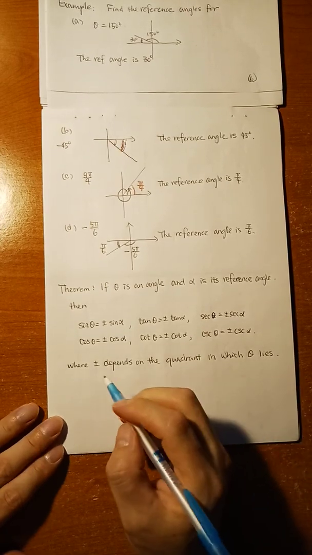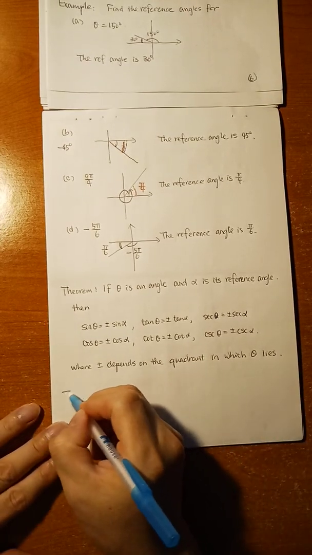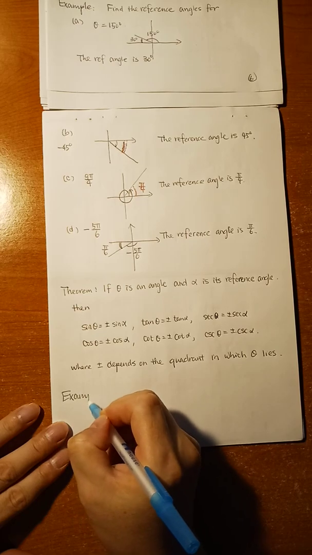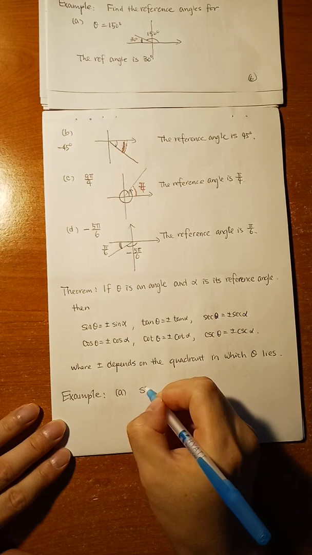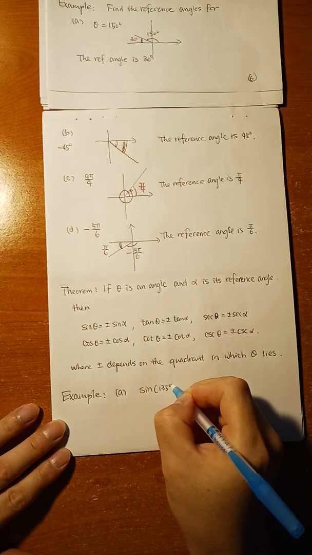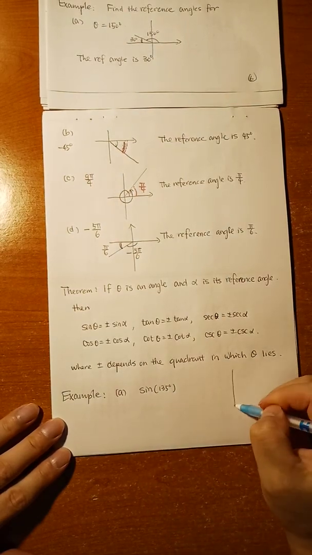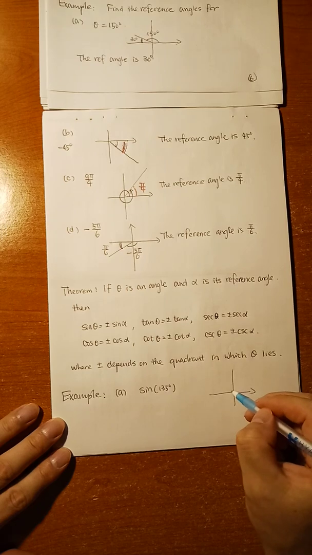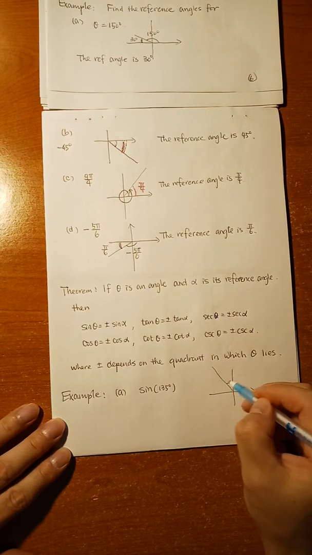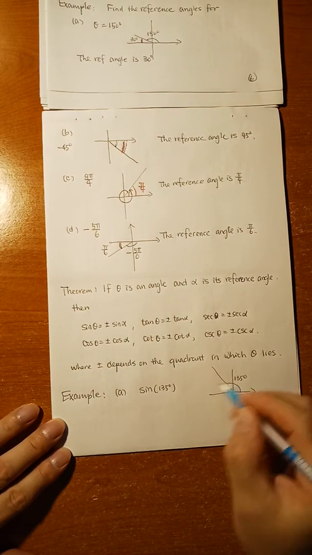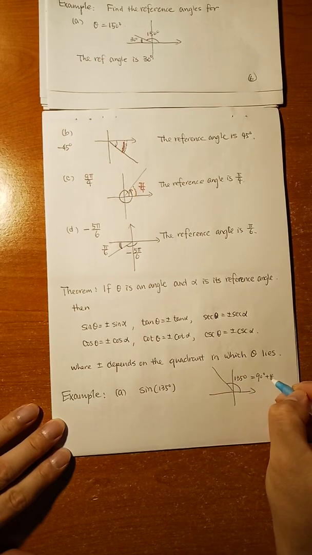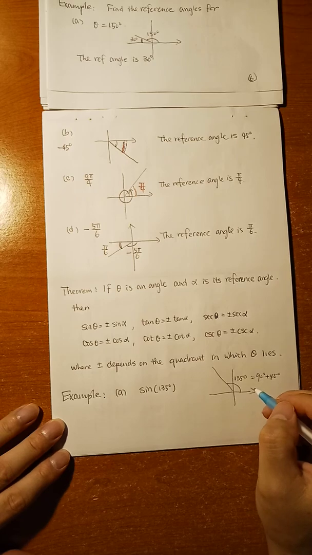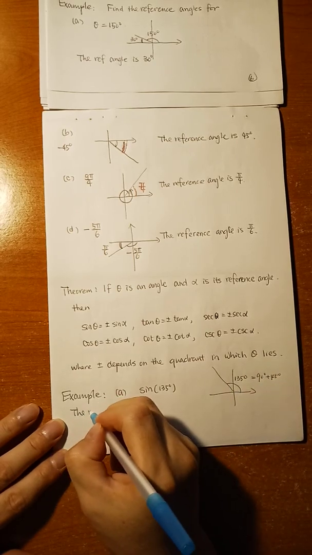So for example, let's see this. We're trying to compute sine of 135 degrees. Where is 135 degrees? 135 is actually 90 plus 45. So this is the reference angle.